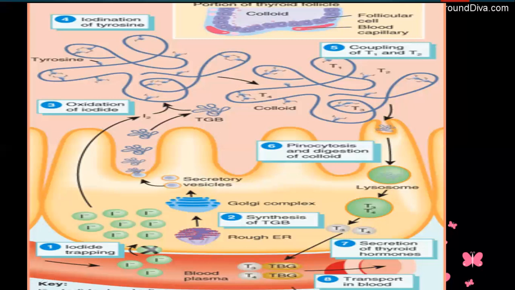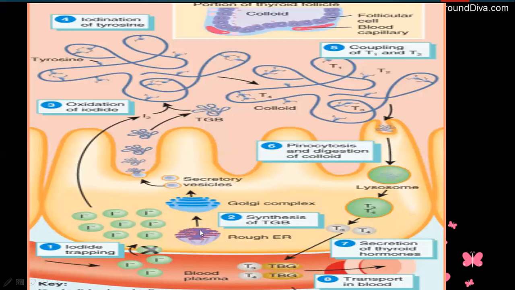While iodide trapping is happening, the synthesis of thyroglobulin also occurs. Thyroglobulin is produced in the rough endoplasmic reticulum. Thyroglobulin is a glycoprotein, a chain-like structure which contains amino acids.